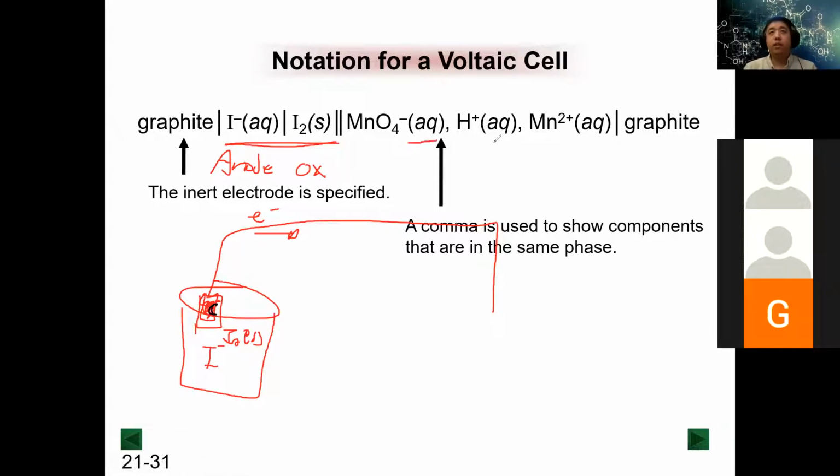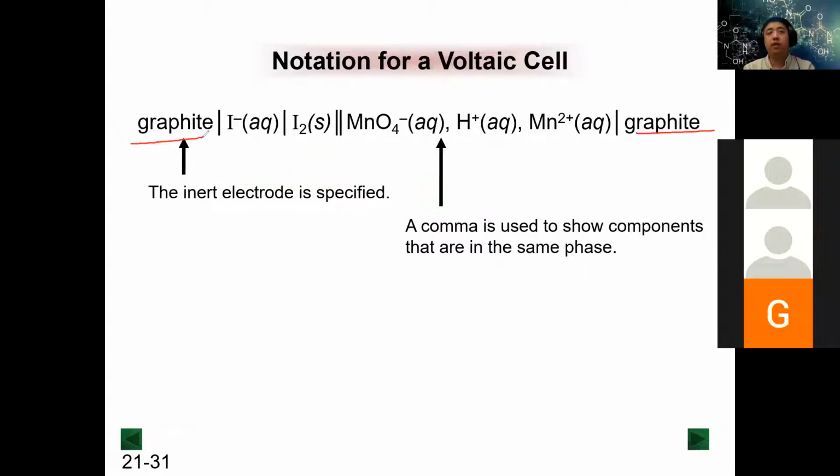Now, if it happens to be in the same exact phase, you simply separate it by a comma. So they're all in that solution on the right side. But once again, the inactive electrode is a little more complex. You just need to know what could be an inactive electrode. No, graphite will not break down at all. What's happening here is you have some I2.